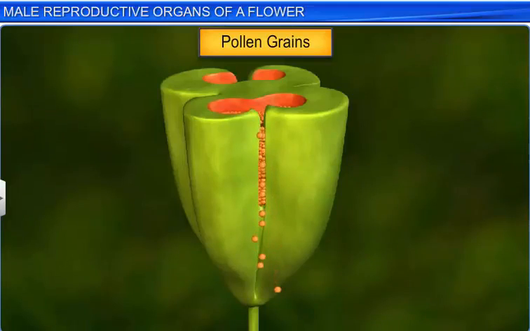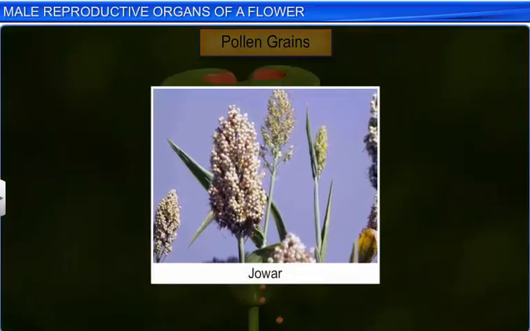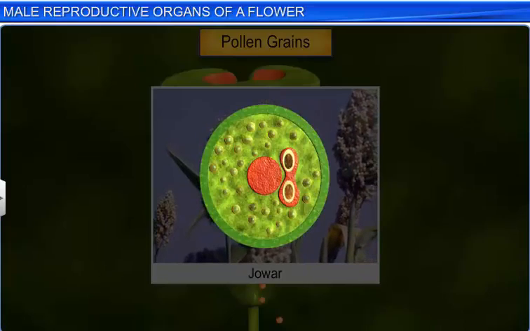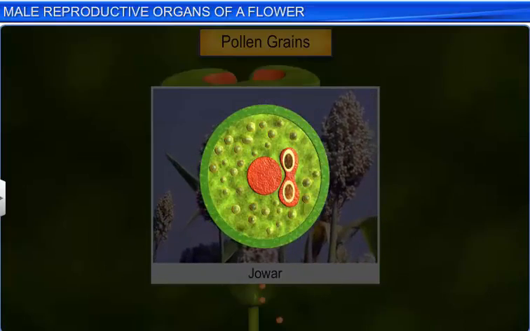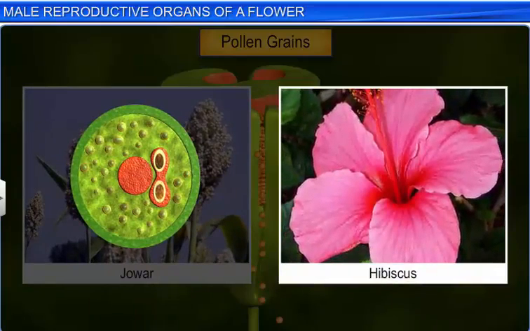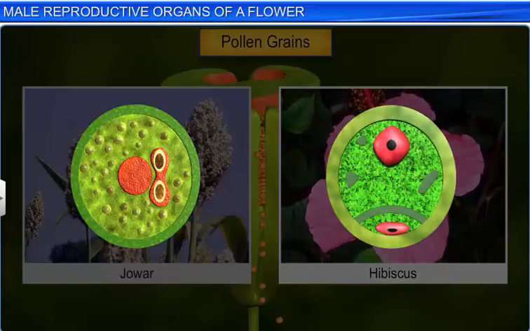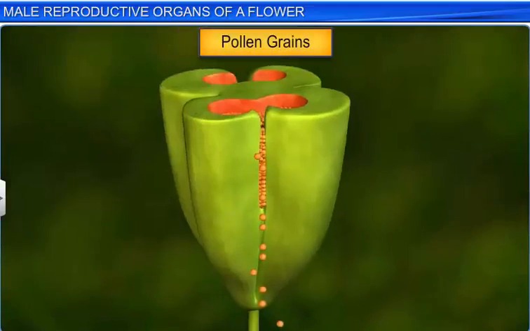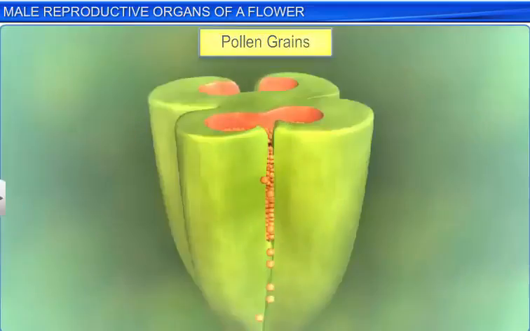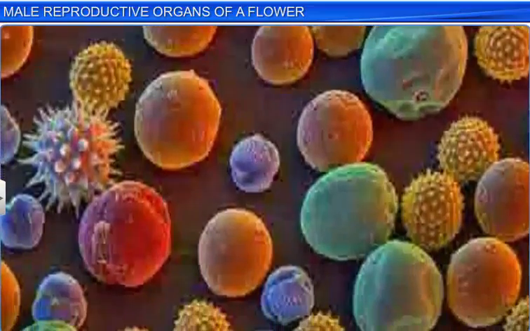Are you aware that in cereals such as jowar, the pollen grains are shed at the three-celled stage, whereas in 60% of angiosperms, which include plants such as hibiscus, the pollen grains are shed at the two-celled stage? Pollen grains, which represent the male gametophyte, come in a wide variety of sizes, shapes, and colors.